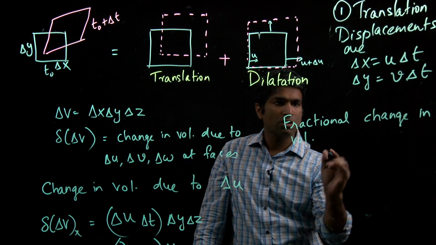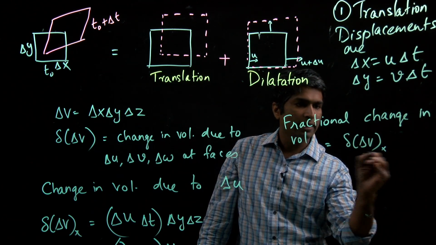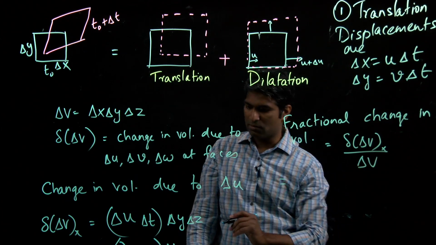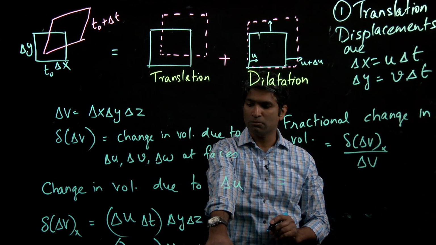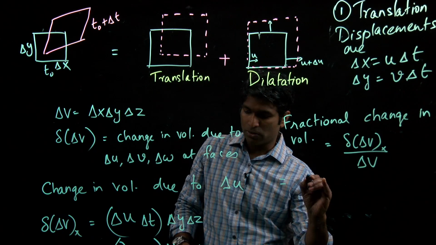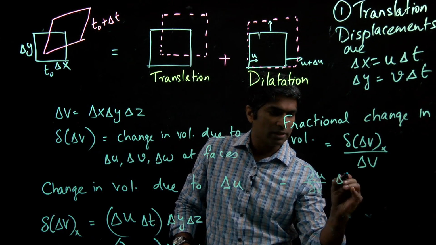So this turns out to be delta delta v x over delta v. So that gives me, I have a delta x, delta y, delta z on top and bottom. So that's del u del x times delta t.